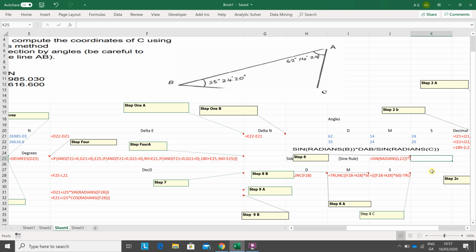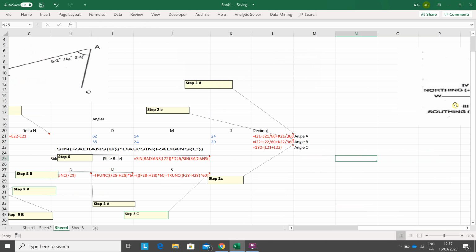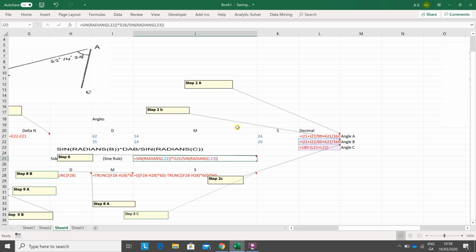I'll have to widen that a little bit. Okay, so there's your sine rule there to get side B. Yep, that angle there.